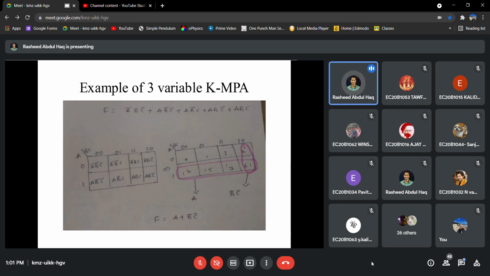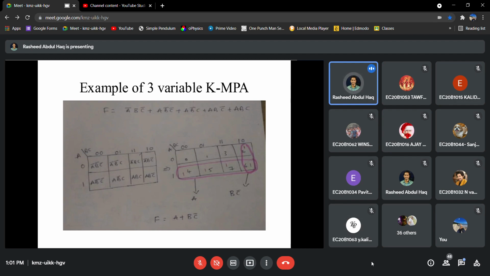Every time A is 1, from the truth table also we can understand, we will get an output 1. So that is clear. Without looking at the K-map, from the truth table itself we can tell that every time the value of A is 1, we can map it.